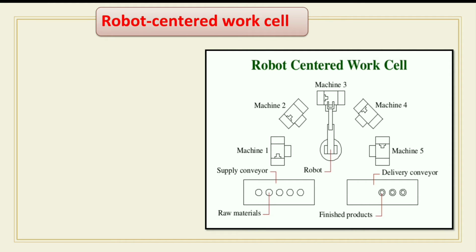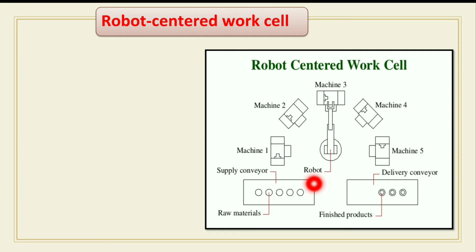To increase robot utilization, the work cell concept was developed, in which one robot served several machines, as shown in the figure. This is the central industrial robot, and all machines are installed around it.